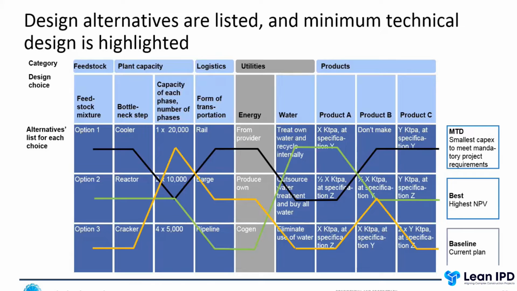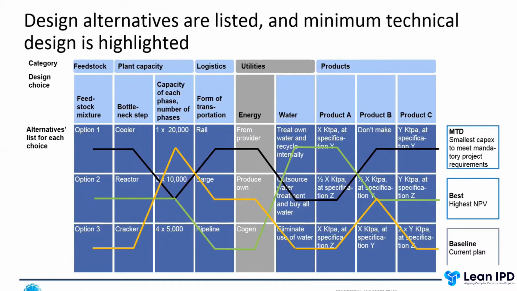What it is: we take the preliminary design, the concept, the design that is available at that stage, and we break it into different categories and design choices. Just to make an example, I've highlighted the gray one. So we talk about utilities, and in the utilities there is energy, there is water.